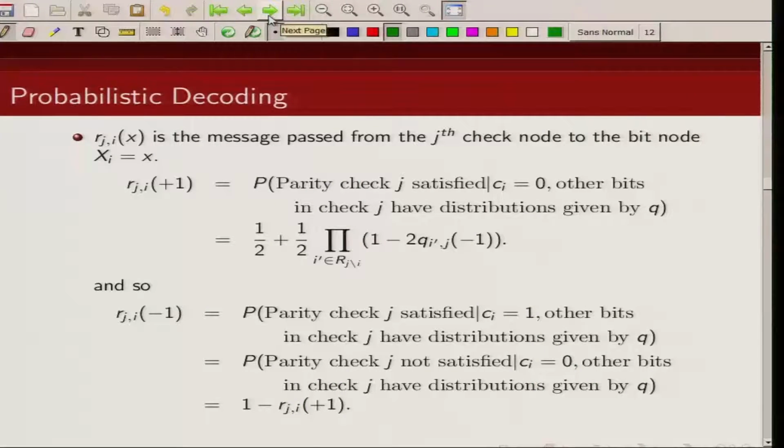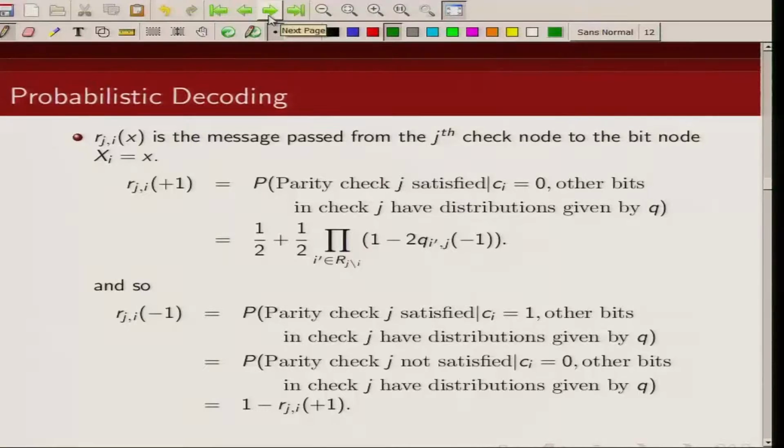As we have said before, we are representing this LDPC code using this Tanner graph, and there are two types of information which are getting propagated. One is one set of messages from the message nodes going to the parity check nodes, and there is one set of messages from the parity check nodes coming back to the message nodes. So we are denoting by RJI the message which is passed from the jth parity check node to the ith bit.